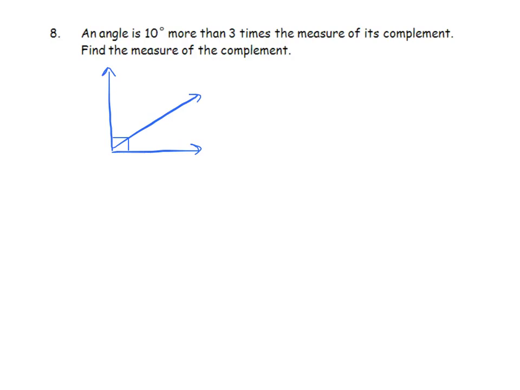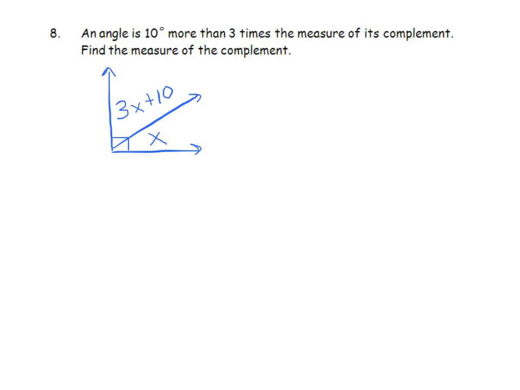Now, I do not know what the complement is, so we're going to label one of the angles as an x. So that's my complement. Then, going back to the first sentence, it says that the angle is 10 degrees more than 3 times the measure of the complement. So 3 times the measure of the complement with 10 degrees more is 3x plus 10.